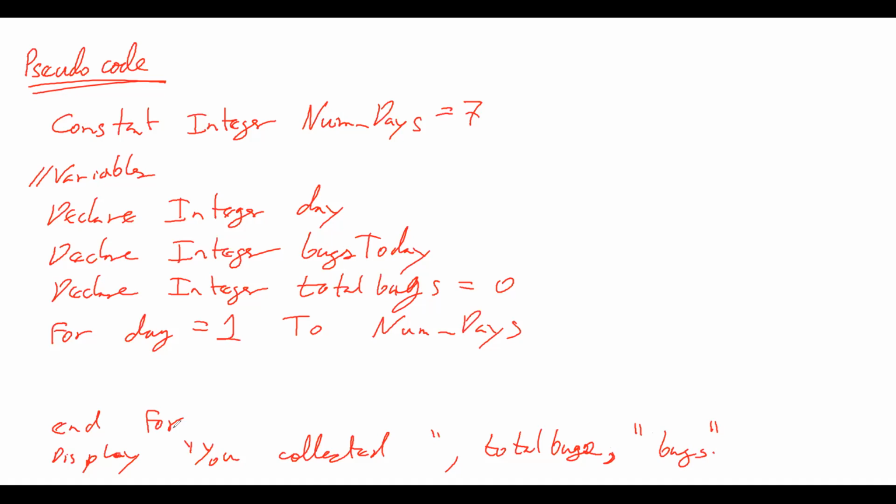So we're going to say, print statement, display how many bugs did you collect on day, colon, double quote, sorry, then comma, and then you specify day.